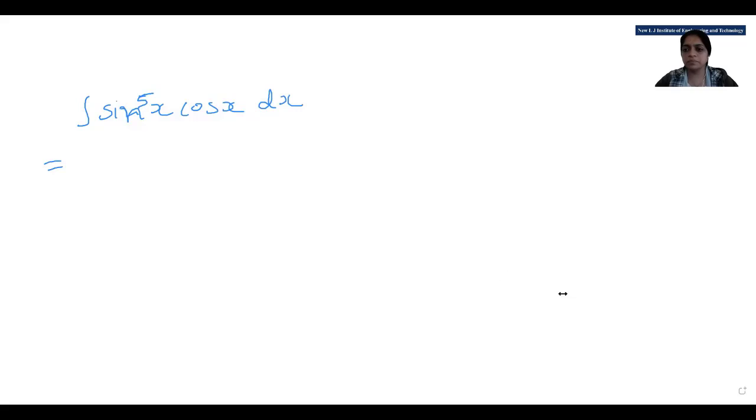Yes, Abhay. Ma'am, it is the formula f of x into f dash x. Perfect. Integration of f of x into f dash x dx. So what is the formula?